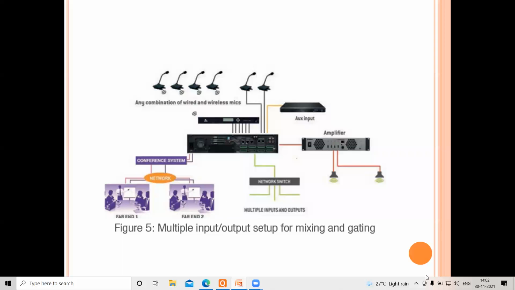In order to do all this, proper mixing and gating has to take place. This is a multiple input output setup for mixing and gating. You have a sound system, a conference system, a network, with one end somebody talking to the other end. You have a network switch. All these combinations would be there.